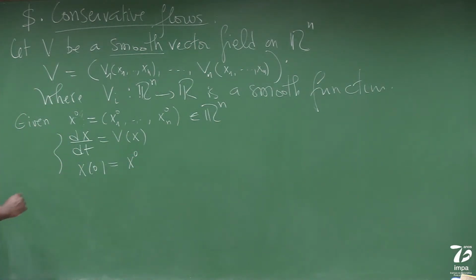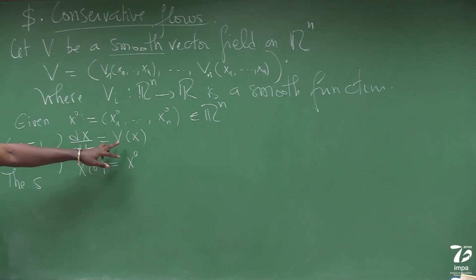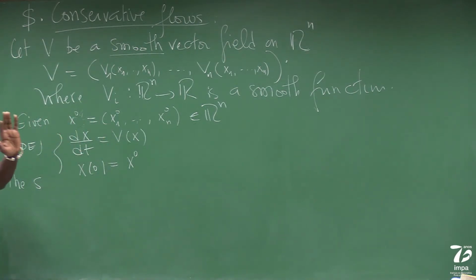I'm assuming that we know this ODE has a unique solution because of the existence theorem and V is a smooth vector field. So we can talk about the solution. The solution is unique.